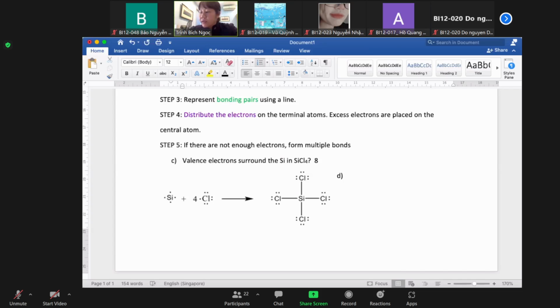The valence electrons surround each chloride in this molecule. It will be 8 also. And for E, how many bonding pairs of electrons are in this molecule? Bonding pairs. 1, 2, 3, 4. 4 bonding pairs of electrons.